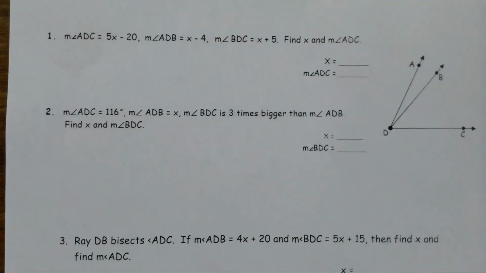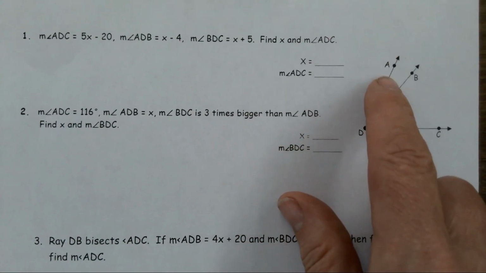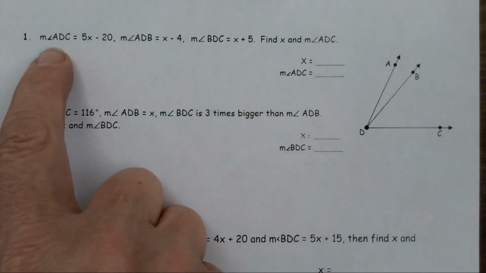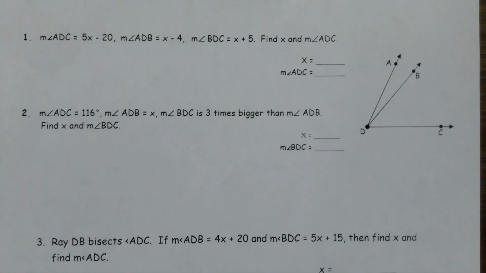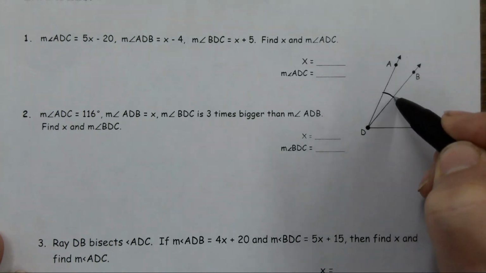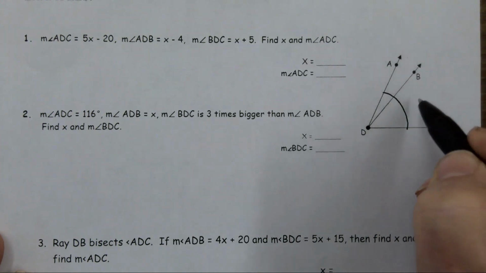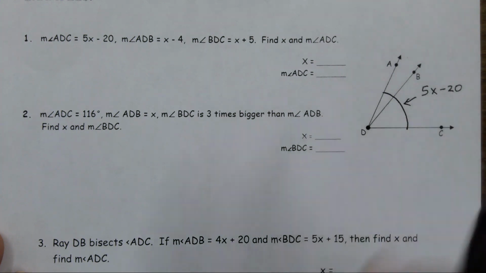Let's set up our math. Again, we're going to be using the same picture over and over again. And this tells me that the measure of angle ADC is 5x minus 20. So ADC, this is how I mark it. I'll put this big line here, and I'll mark that as 5x minus 20. And then it says ADB.